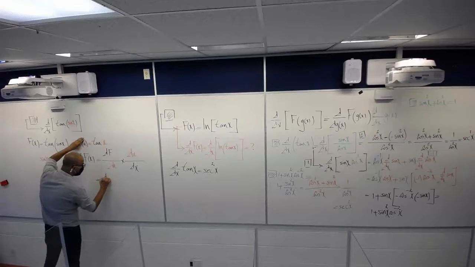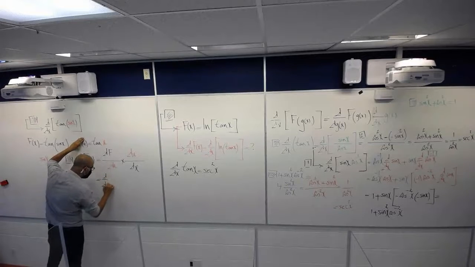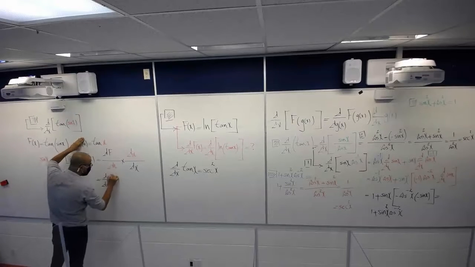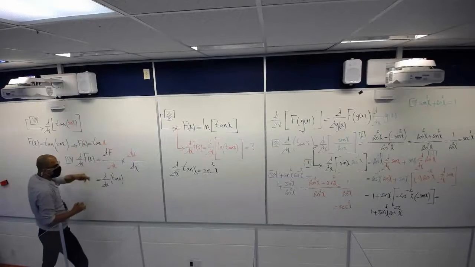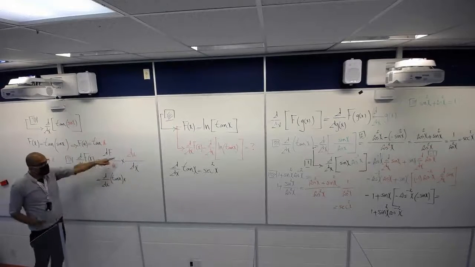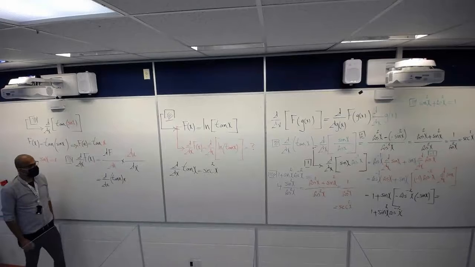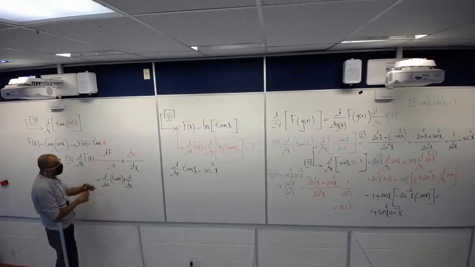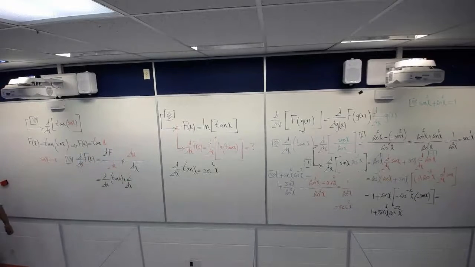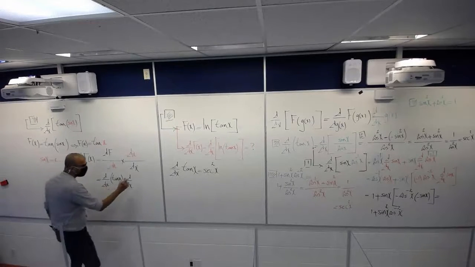It becomes d over du of tangent u, times what is du over dx? That means d over dx of u. Remember, we pointed at the u. We said the baby is u. That's sine of x.